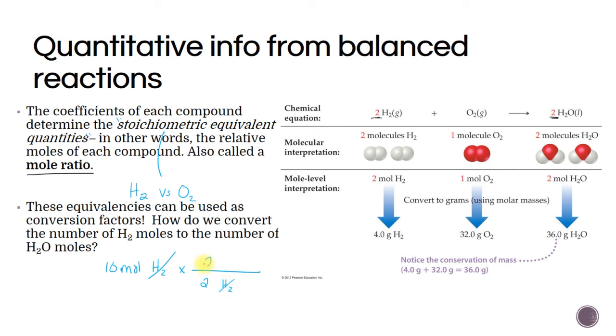And I'm going to put the coefficient for water and the molecule water right there. So as it turns out, I would make 10 moles of H2O. Okay. This thing is a molar ratio, and it comes from the balanced reaction. So here's those numbers. Okay.